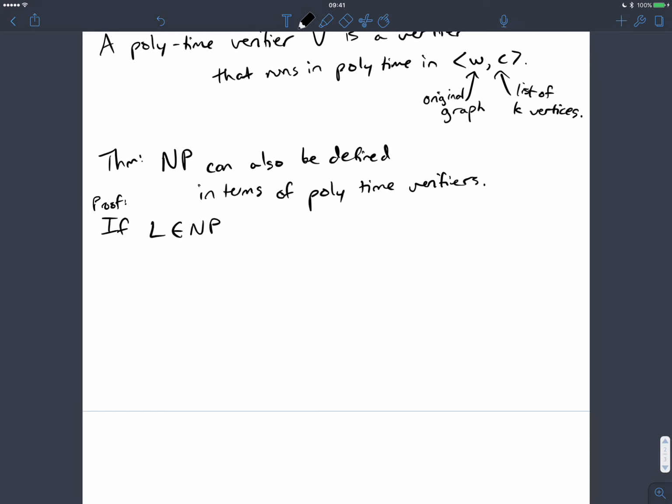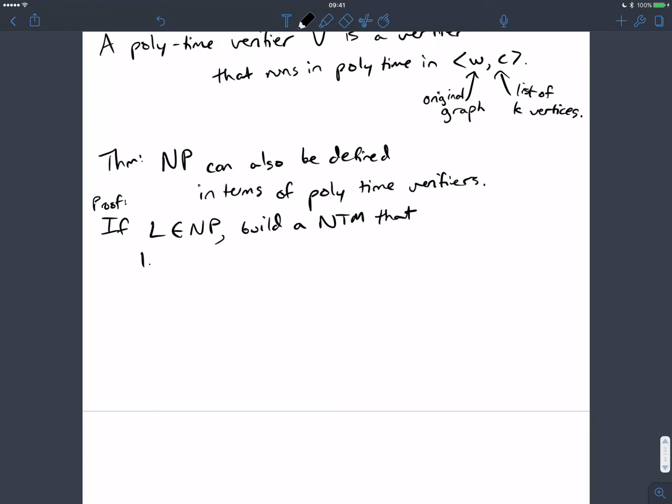Then if I can make a non-deterministic Turing machine that runs in polynomial time, that'll show one direction. So we're going to build a non-deterministic Turing machine that does two things. The fact that it's non-deterministic, we're going to exploit right here.